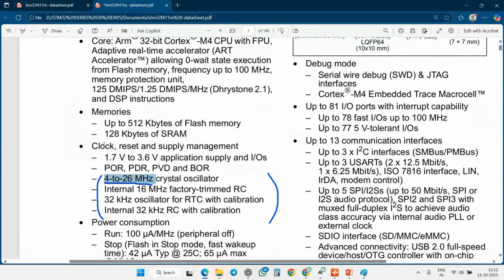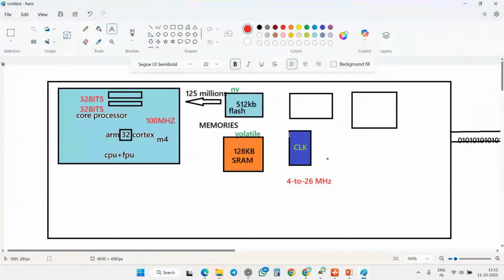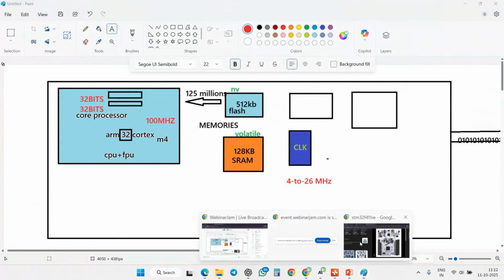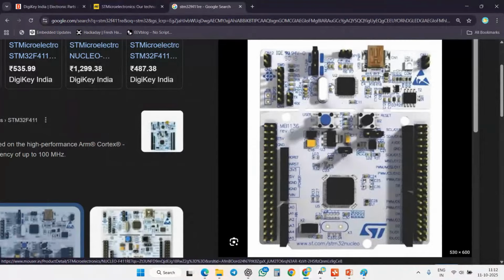And if you look at this, here is the special thing present in your STM32 microcontroller. Inside this chip, you might be thinking the crystal oscillator is the only thing that can produce clocks. Yes, but inside this chip an RC oscillator, a trimmed oscillator, is also present.